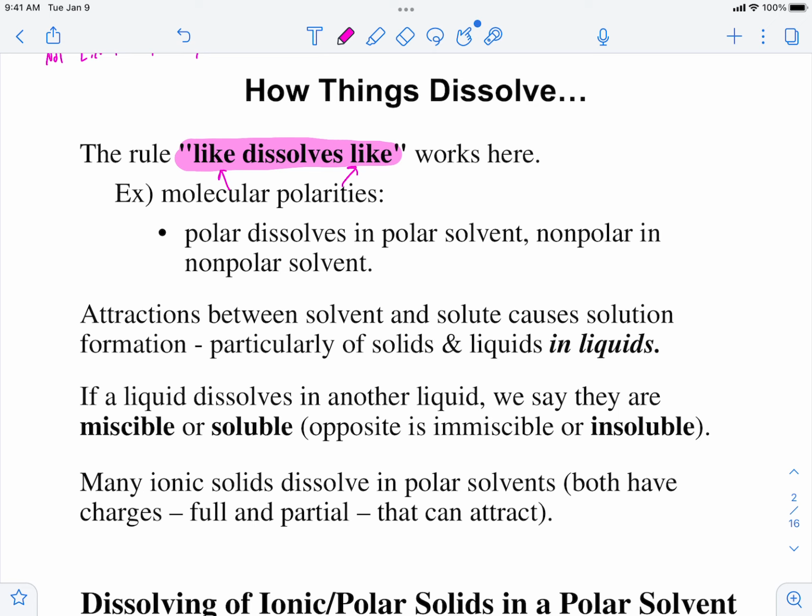Okay, so a polar solute will dissolve in a polar solvent, or a nonpolar solute will dissolve in a nonpolar solvent.